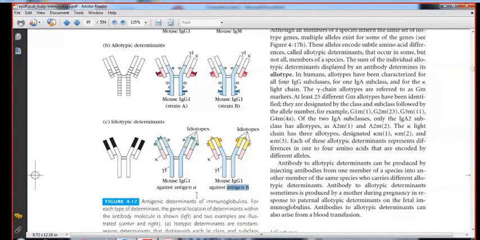In the first case it was antigen A, in the second case it was antigen B.